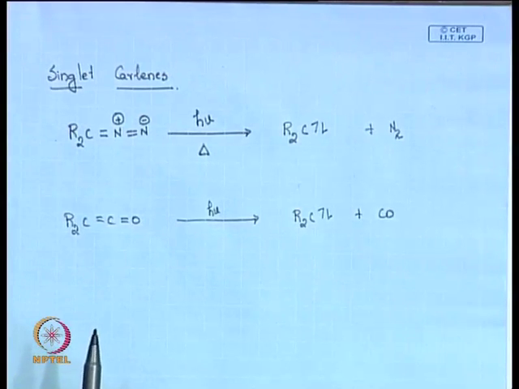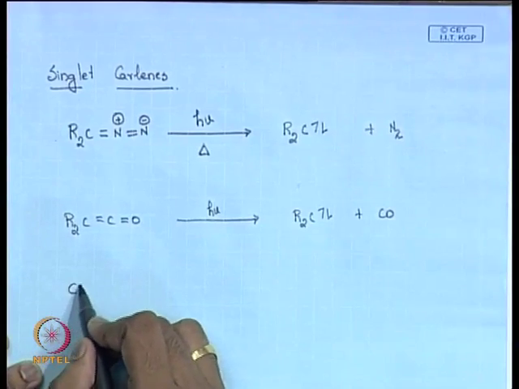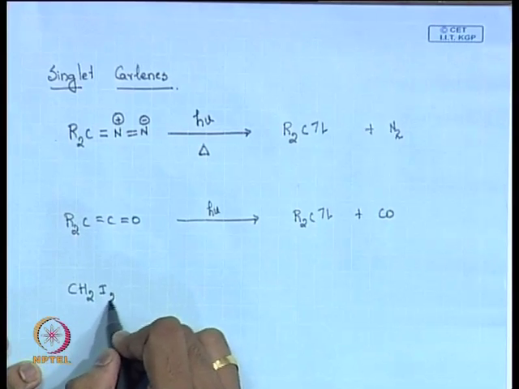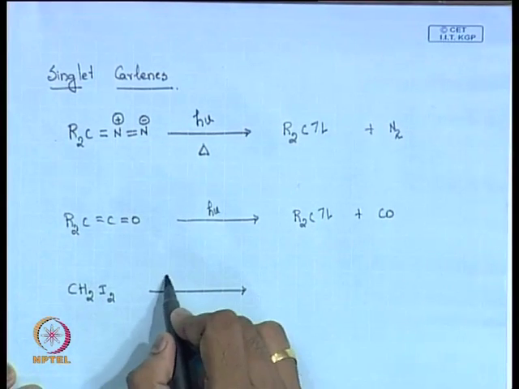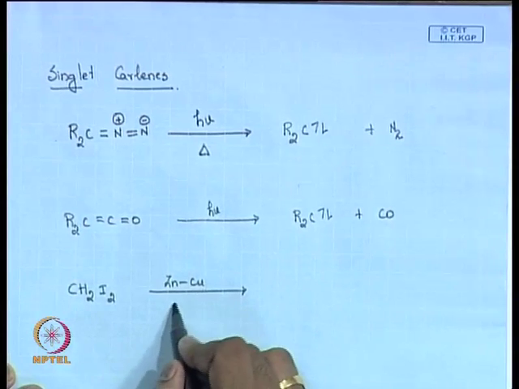There is one reaction which you have studied in your bachelor's, a name reaction, but it is not exactly carbene. Regularly you use that: Simmons-Smith reagent, right? You take CH2I2, then what reagent is it? Yes, you take zinc copper in ether.